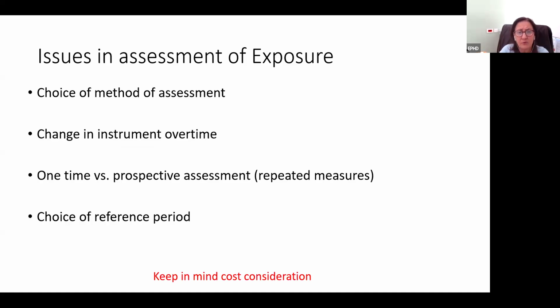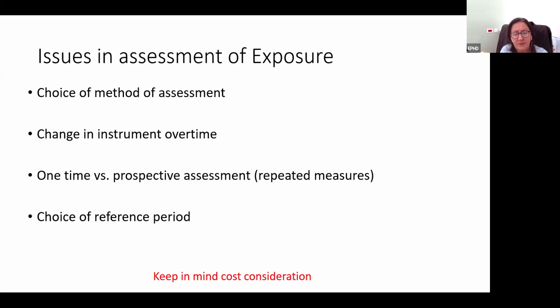You need to harmonize your method of assessment with others. You have to keep in mind whether any type of measurement is changing over time. Sometimes when you classify people into diabetic, non-diabetic, maybe the cutoff has changed from this year to a few years later. The instrument that you use, you have to make sure you're using the same instrument. And if the instrument changes, you have to keep track of it.